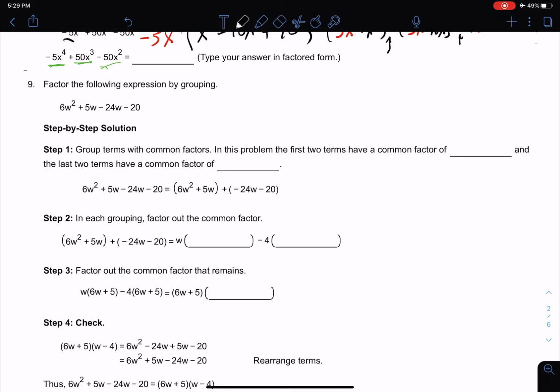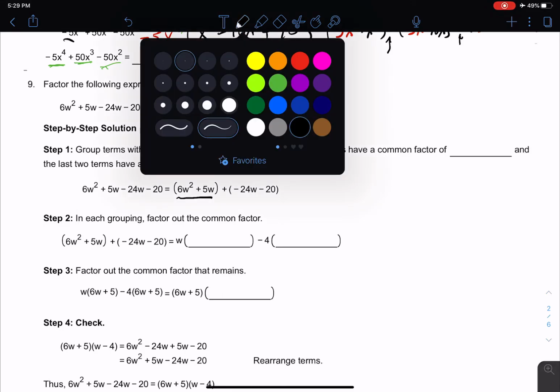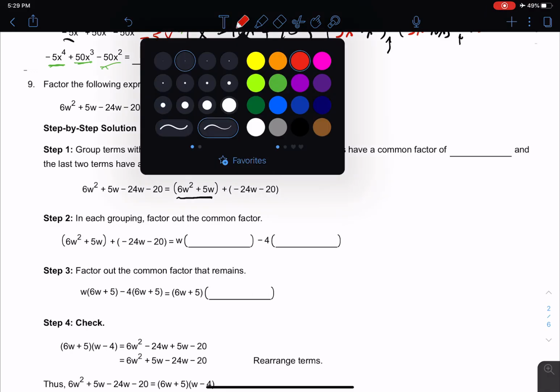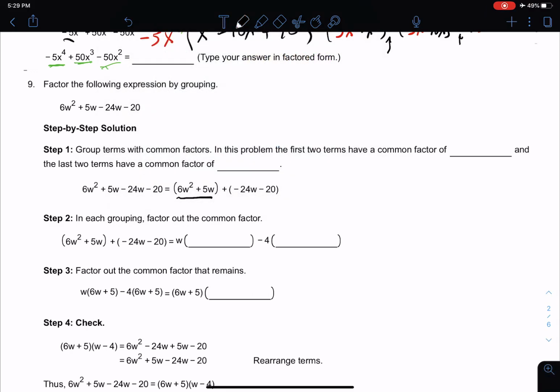In this problem, the first 2 terms have a common factor of what? The first 2, and that's what I just did, right? So the first 2 have a common factor of w. Remember that? We did that on our own. The first 2 had a common factor of w, which left us with 6w plus 5.